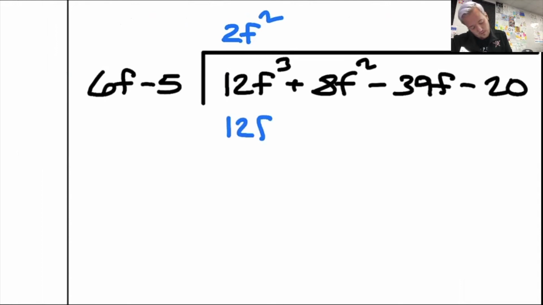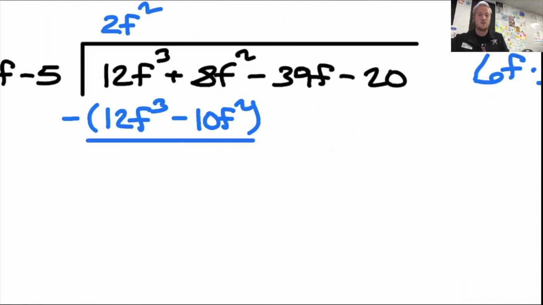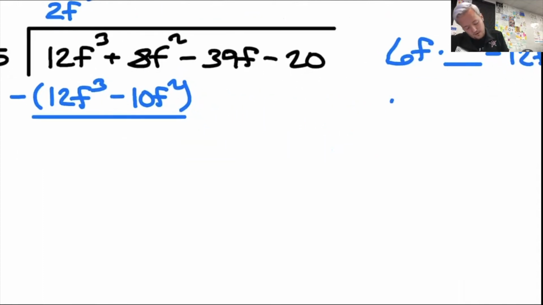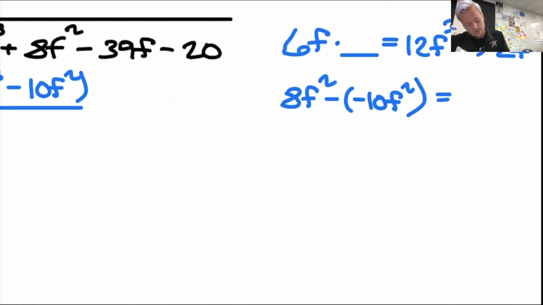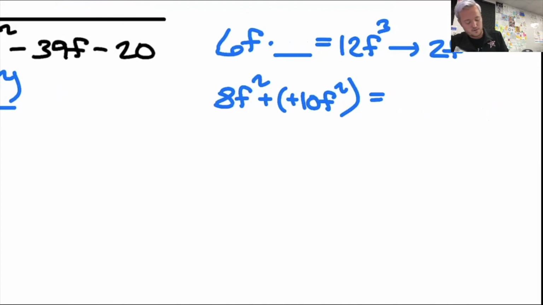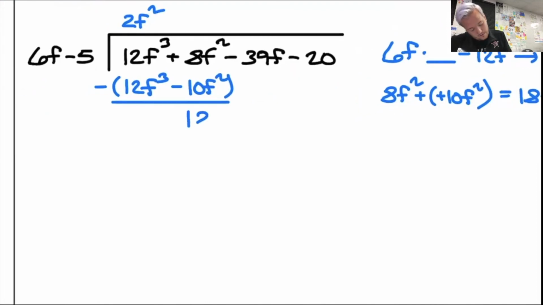So 12f cubed minus 10f squared. And I'm going to subtract. So now I want to do 8f squared minus negative 10f squared. So it's going to be 8 plus 10f squared, which is going to give me 18f squared. So that's what I'm going to write here.